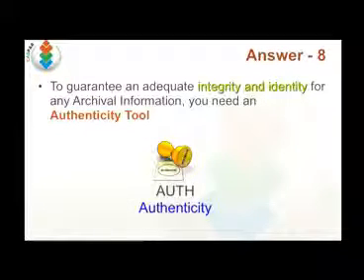Finally, but not less important, to guarantee an adequate integrity and identity for any archival information, you need an authenticity tool, and the authenticity management system is the solution proposed by CASPAR.